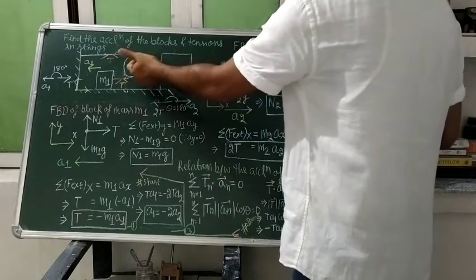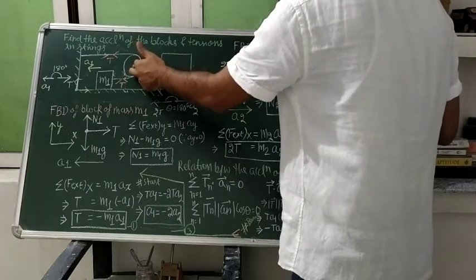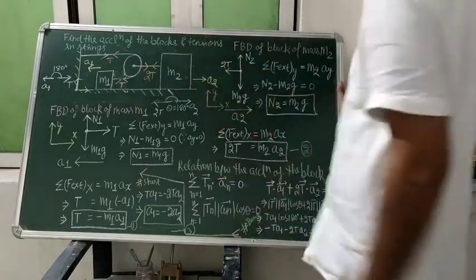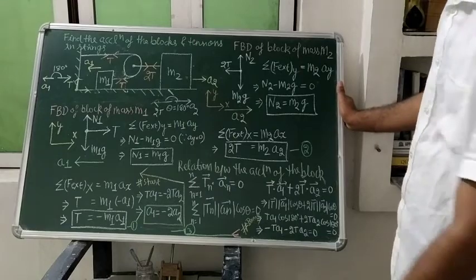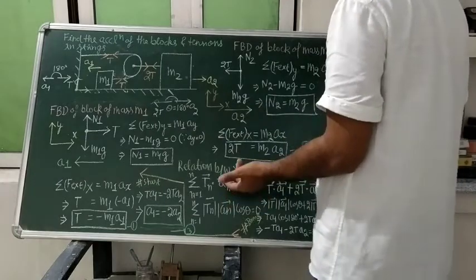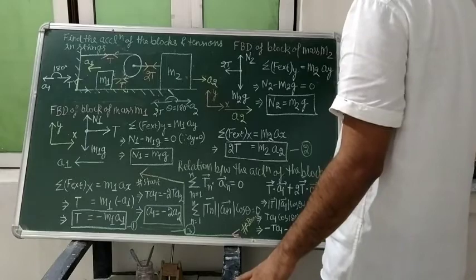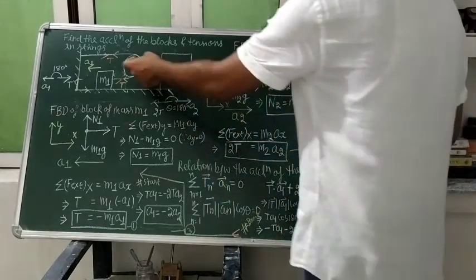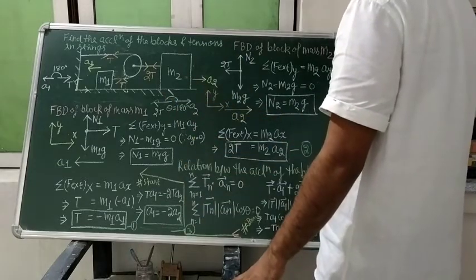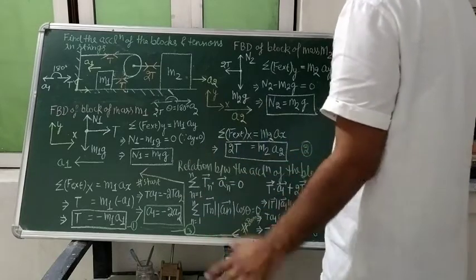There was another string, one end connected to the pulley and the other end connected to the mass m2. We want to know the acceleration of the blocks and the tension in the strings. Since the pulley is moving, the acceleration will not be the same in this case, or if it is the same, we will see while solving the problem.